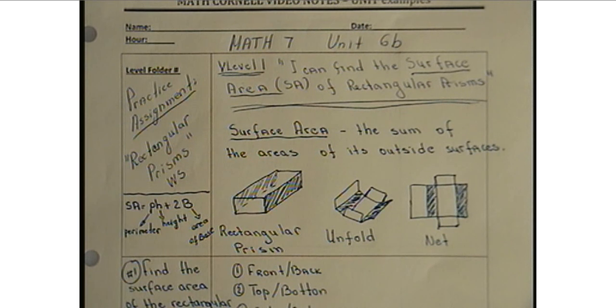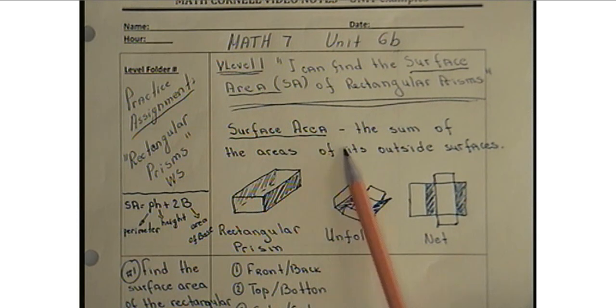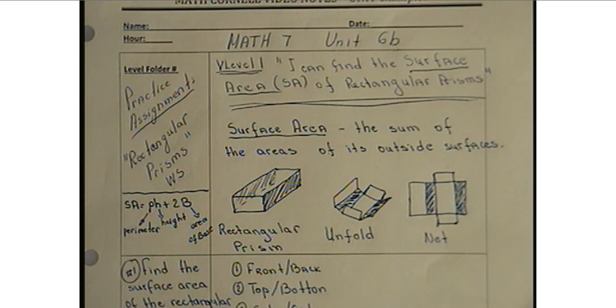So before MCA we did discuss some of the general formulas. We talked about surface area always being the sum of the areas of the outside surfaces of a 3D shape. So we're calling it surface area because we're adding all the areas together. I have a prism here, and imagine you have to open this box.